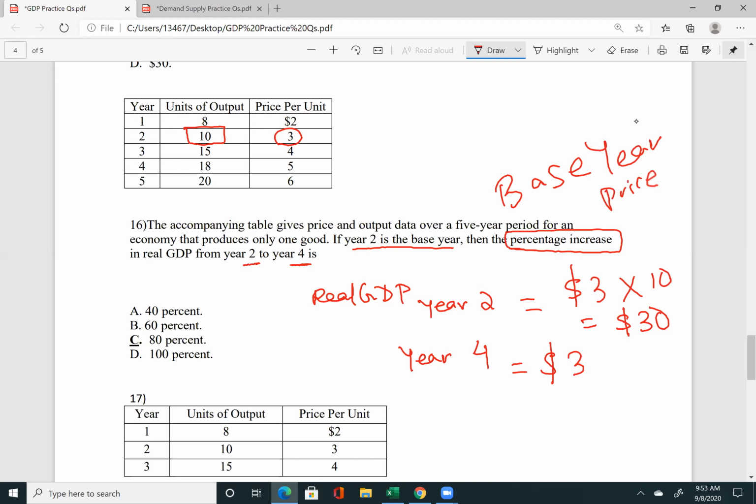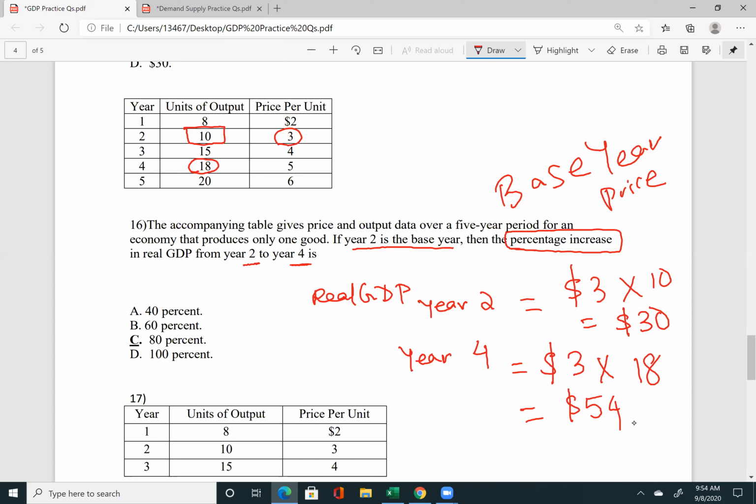In our example, the base year price is $3, and the year 4 quantity is equal to 18. So I can write this as 3 times 18. This one is equal to 54. I hope my calculation is right. Yes, this is right.